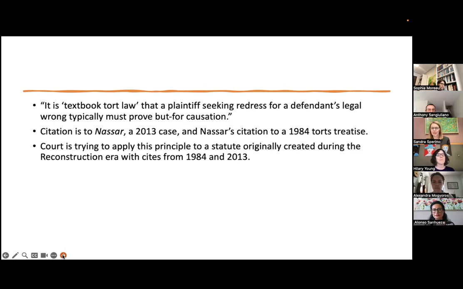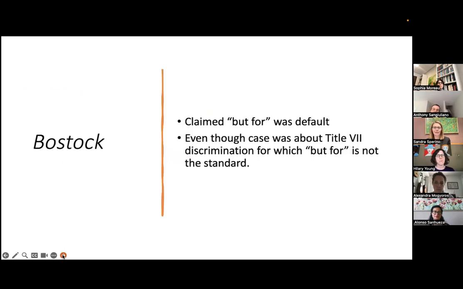So I just find it very unsatisfying that if we have this ancient doctrine with a long pedigree, we're going to use citations from 1984 and 2013, especially when the court's struggling with a statute that was created in the late 1800s. The order seems odd and that doesn't seem satisfying.